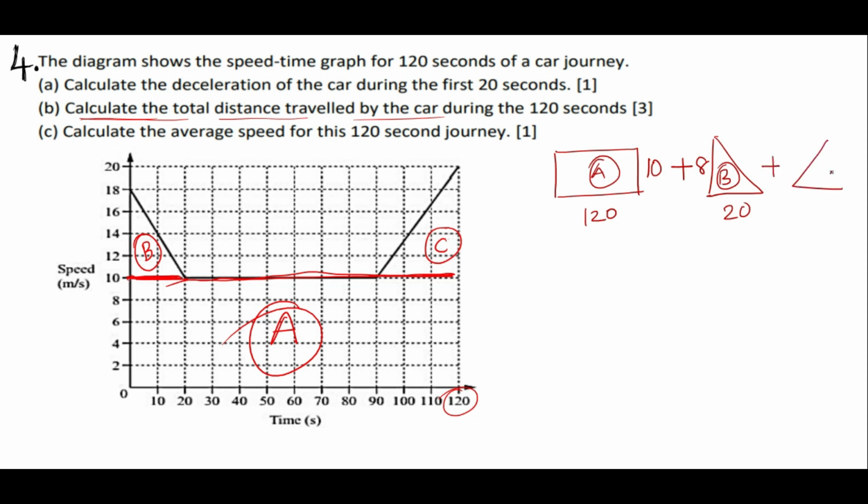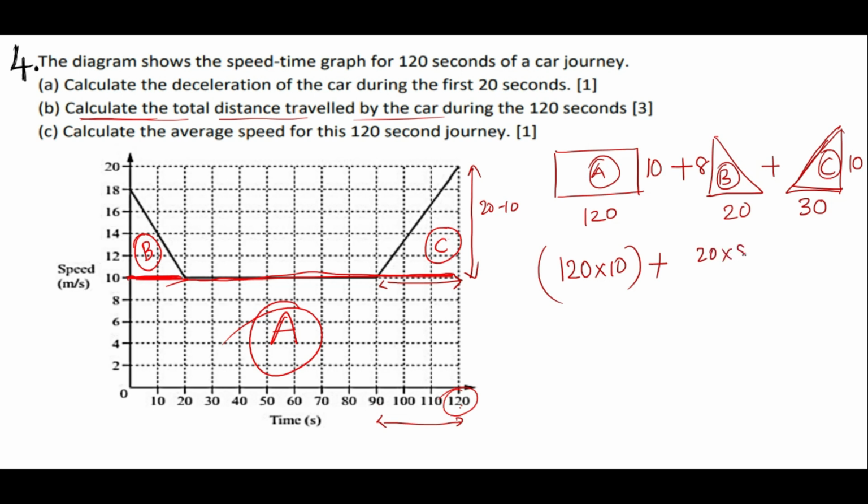Plus I have my triangle C, which has a base, this is the distance which I want, so I will take it as 120 minus 90, which is 30. And the height here is 20 minus 10, giving you 10. So the area is going to be 120 times 10 plus 20 times 8 divided by 2 plus 30 times 10 divided by 2.